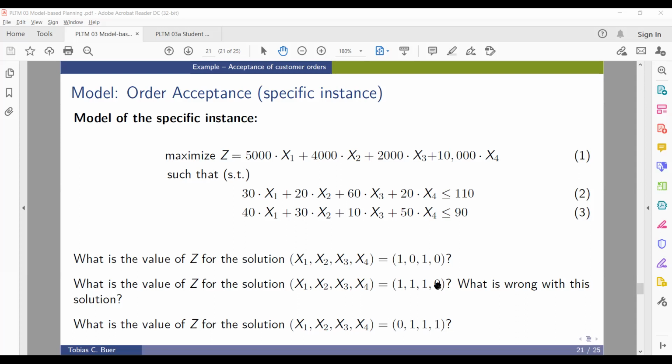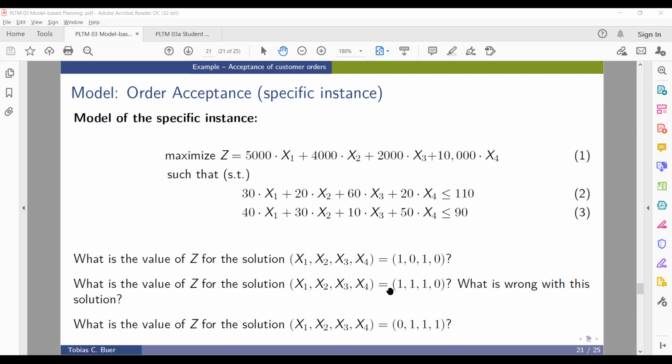So you just have to enter these numbers into equation number 2 and see if it's okay, if the left side is smaller than the right side, or if it's not okay and something is wrong. They are equal, right?